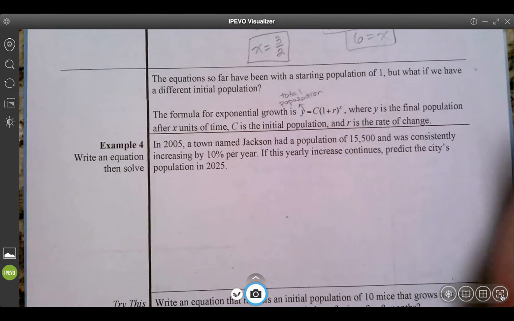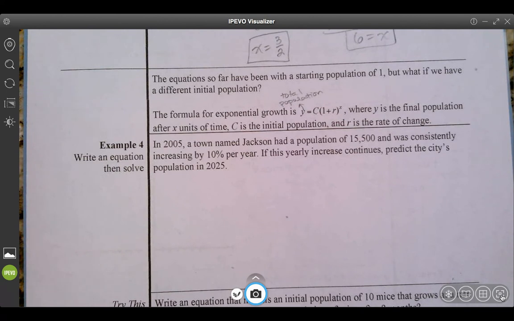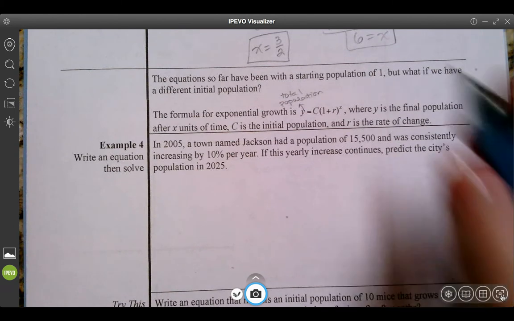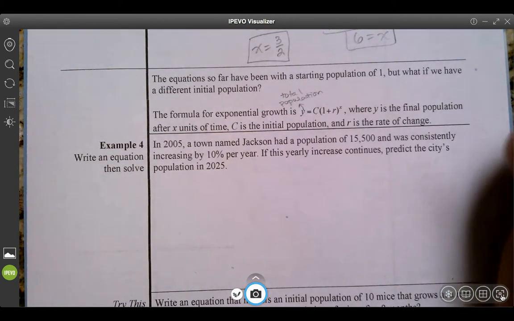It could be the total population of bacteria. It could be the total number of atoms. For example, this can be used for decomposing of atoms. So carbon dating uses this type of function. Okay, so the total population.